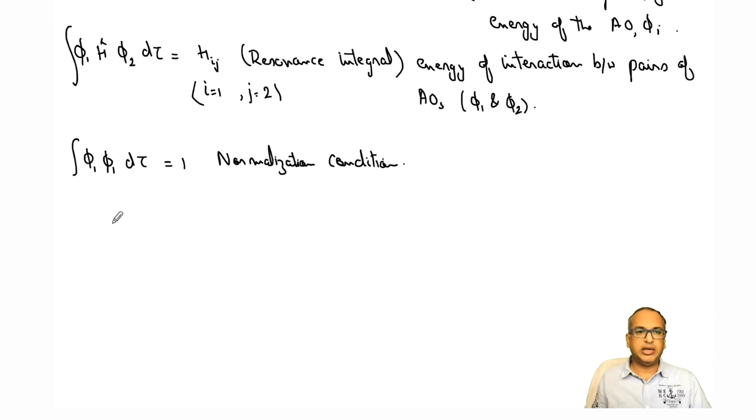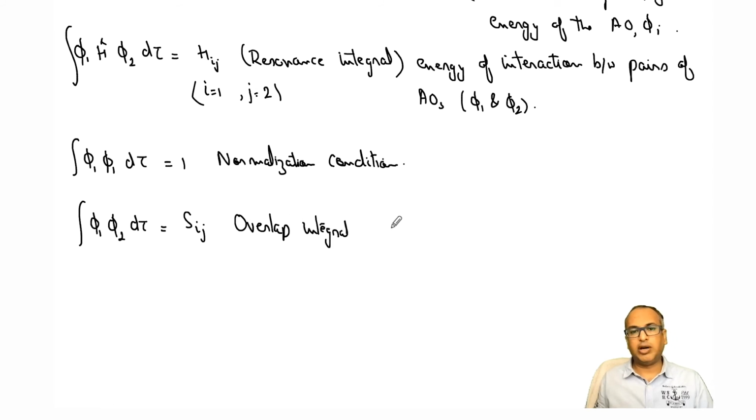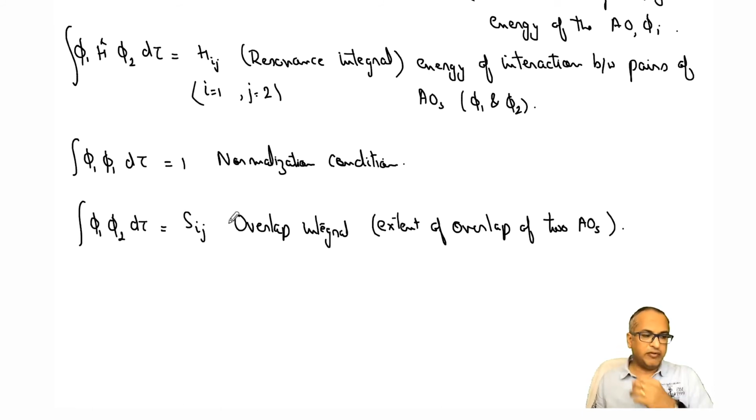We also have the integral of phi 1 phi 2 d tau, which is called Sij, the overlap integral. What is the extent of overlap? It tells you about the extent of overlap of two atomic orbitals, in this case phi 1 and phi 2.